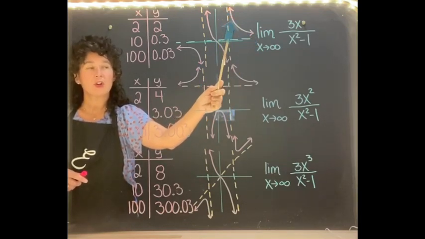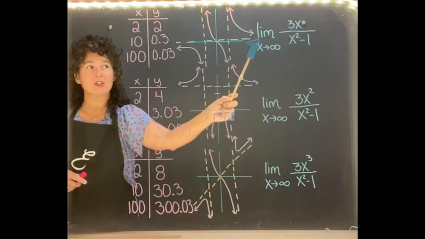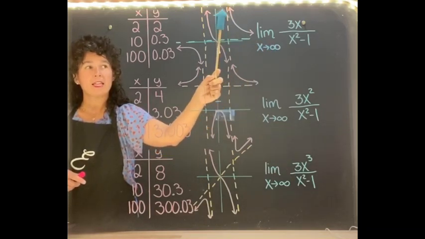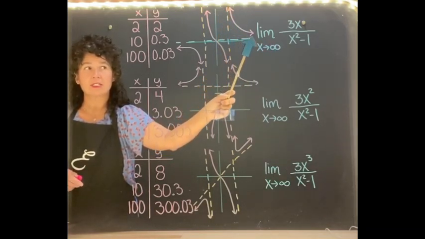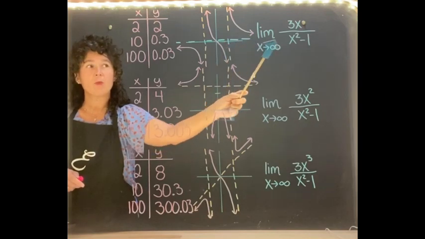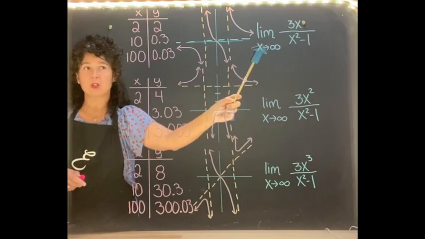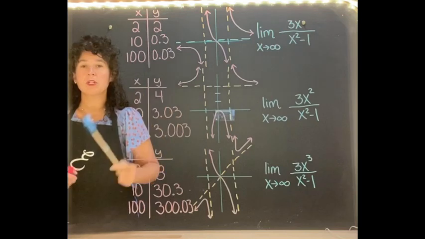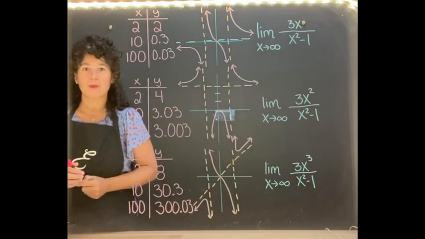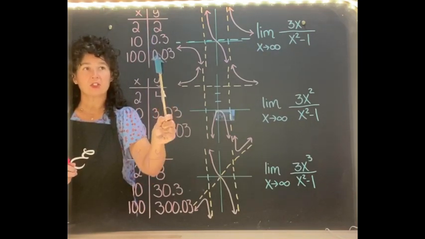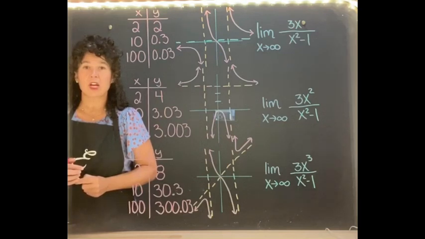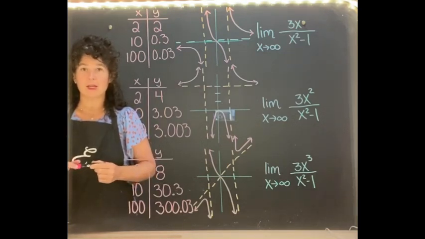But this curve, as we pick x values that are bigger and bigger, is continuing to decrease, but it's never going to go past this horizontal asymptote. So these answers will never drop below 0. But all of the answers are going to continue getting closer and closer to 0. So the answer to this first limit is 0.